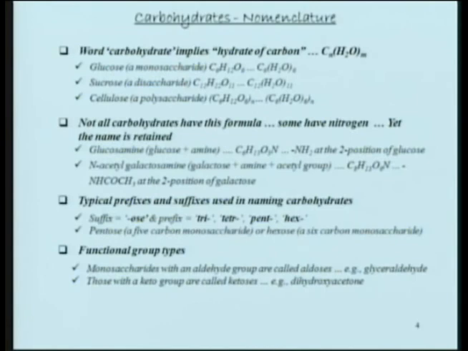All right, so starting from the very basic, carbohydrate. The word carbohydrate essentially has been used as the hydrate of carbon. So back in the olden days, they didn't really have the structure. And at that point, the molecular formula was something that people used to deduce.